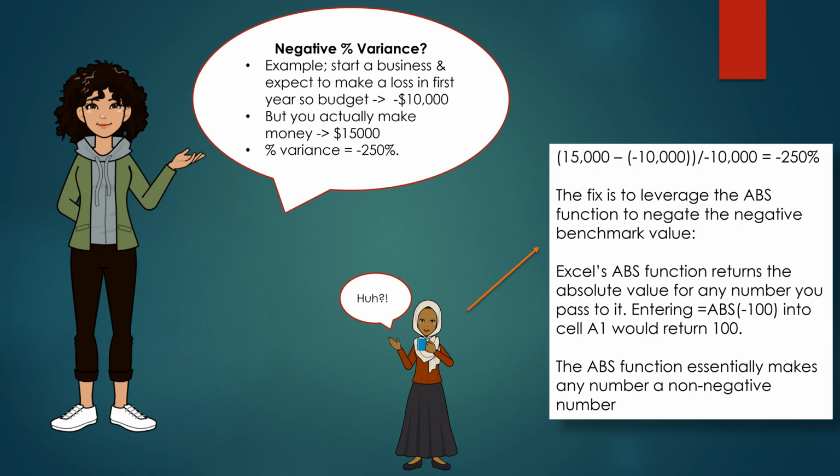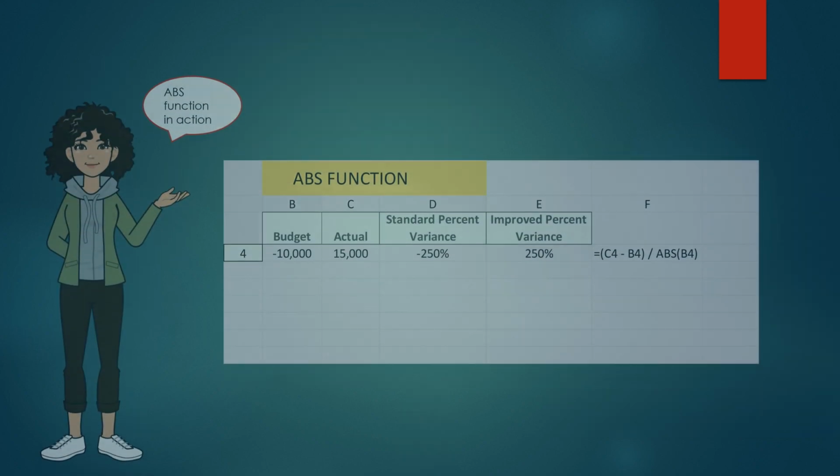Excel's absolute function returns the absolute value for any number you pass to it. For example, entering absolute and then negative 100 into cell A1 will return 100. Essentially, the absolute function makes any number a non-negative number.